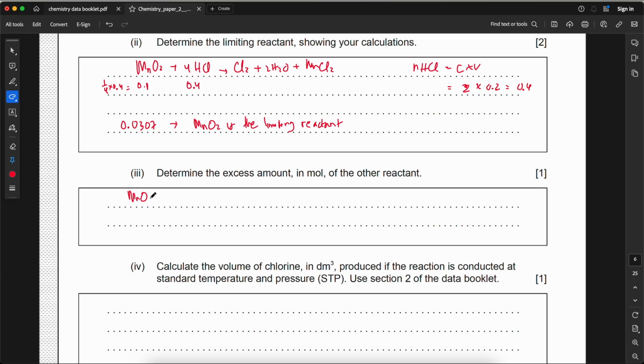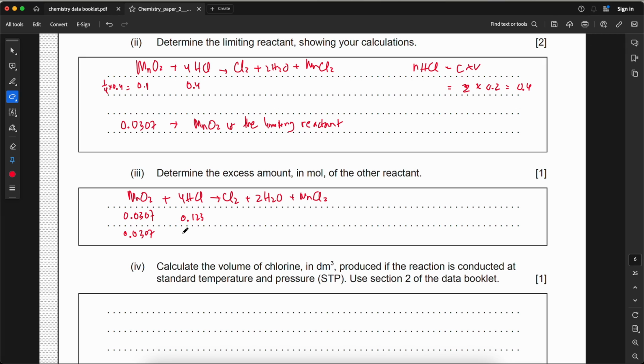So MnO2 plus 4HCl produce Cl2, 2H2O, and MnCl2. As we know, the mole of MnO2 is 0.0307. So this is the limiting reactant. So now to calculate mole of HCl it is 4 divided by 1 times 0.0307. You get 0.123.